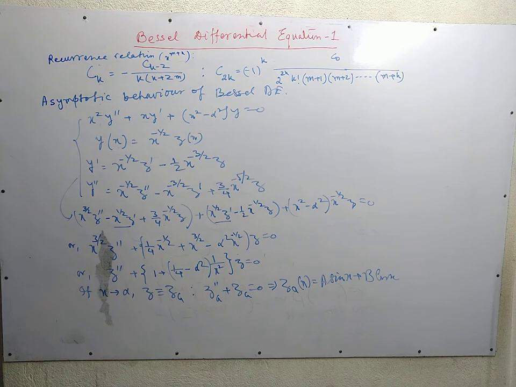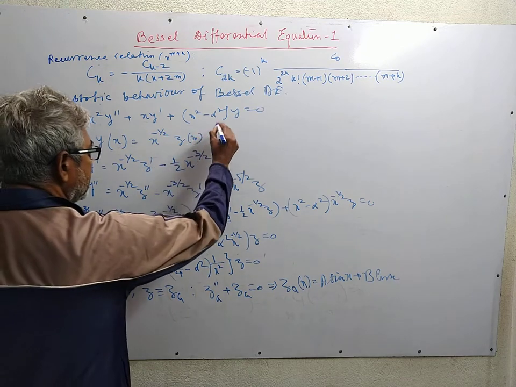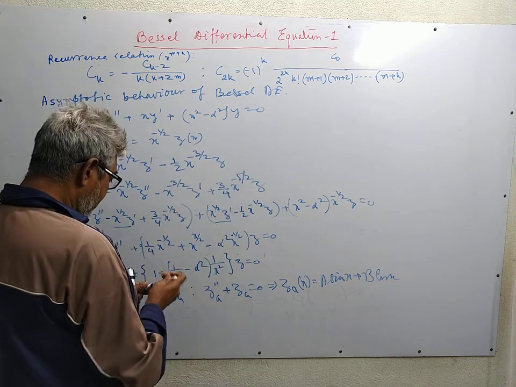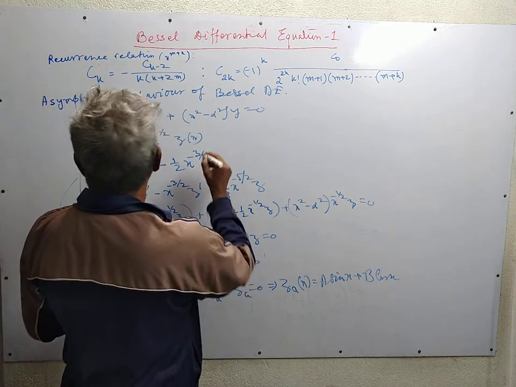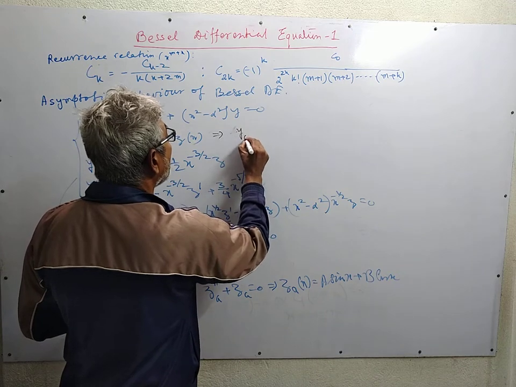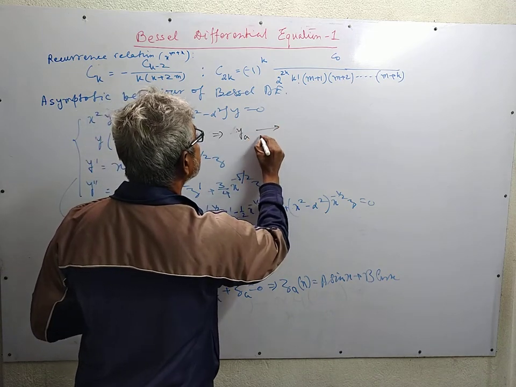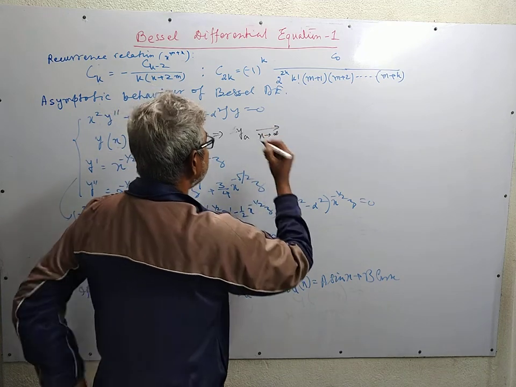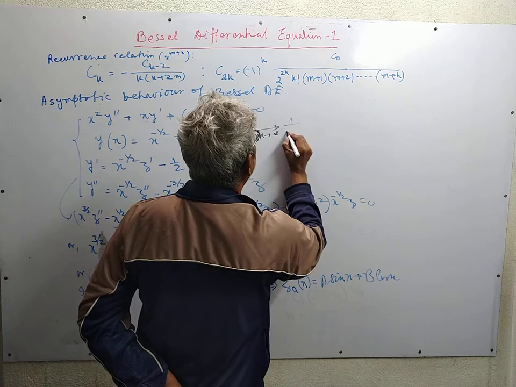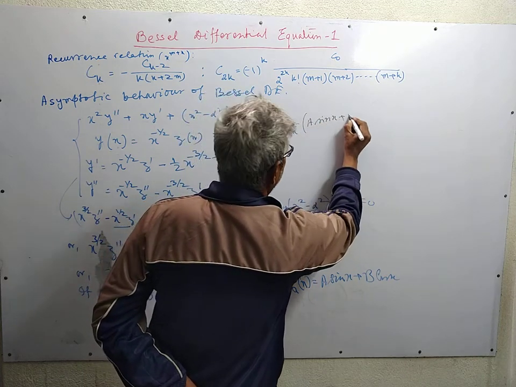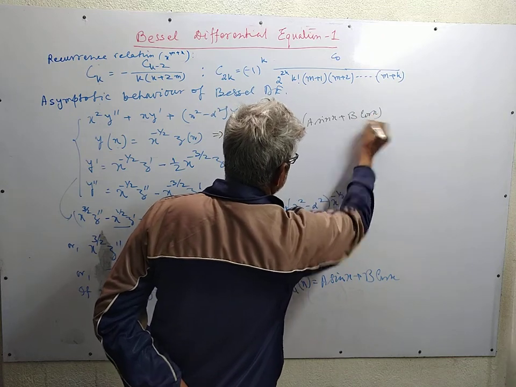So what is y? The asymptotic behavior of Bessel differential equation is y a, as x tends to infinity, equal to 1 by root x times (a sin x plus b cos x).